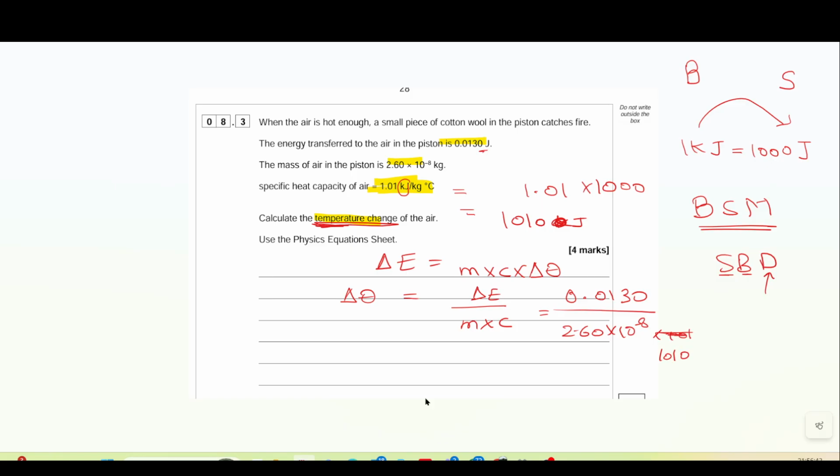How do I get the change in thermal energy? Energy is given to you. This is the energy, 0.0130. This value you have to use. Every time they will not mention it. Here it says the air is hot, so that means it is thermal energy. But all of them are energy, just in different forms, so you can use this energy.